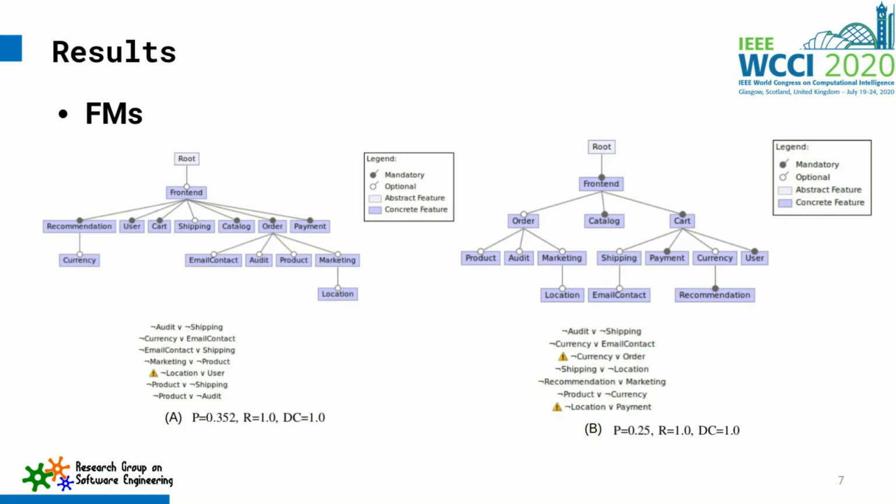Also, having the same value of recall, from both of them you can derive products that are desired in the input. But on the other hand, they do not have a very good value for precision, so they have a surplus of products that can be derived. This is just two examples.